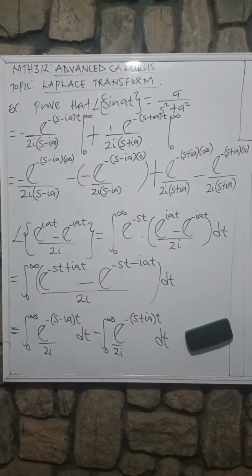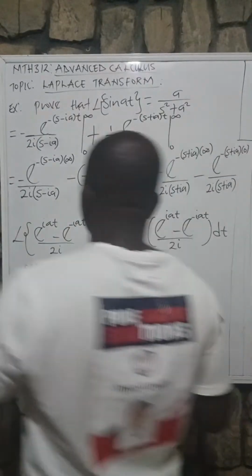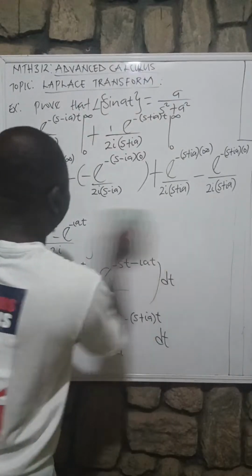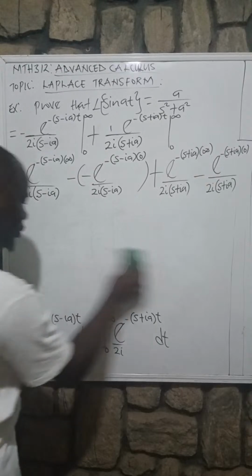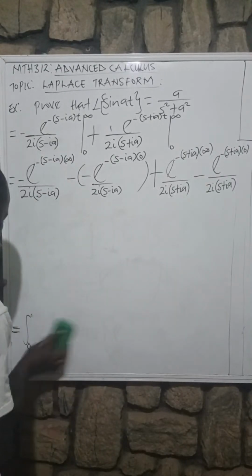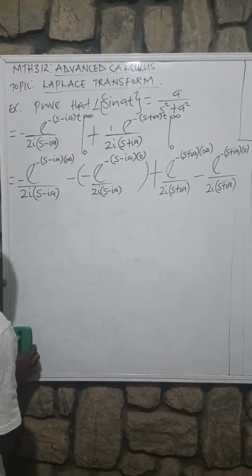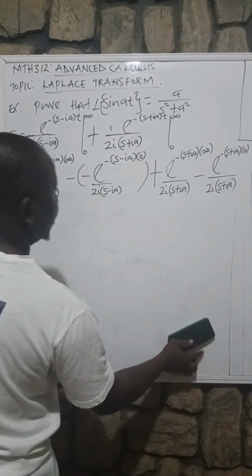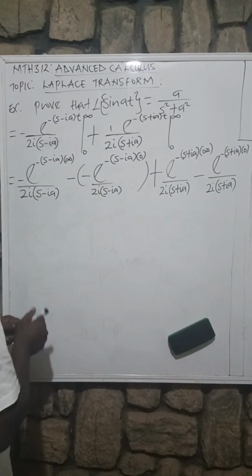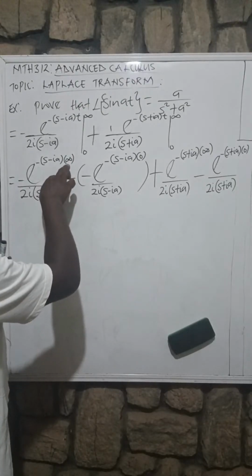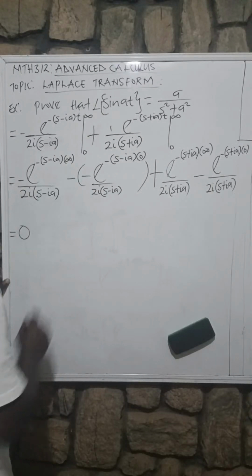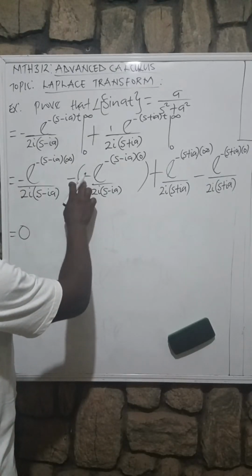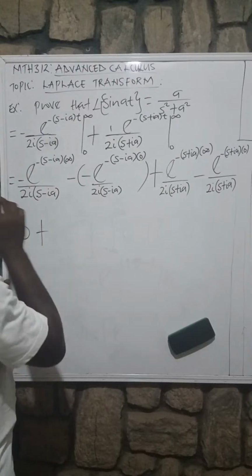Okay, let's proceed. If you can see what I am saying, this implies that because of this infinity, all of this will be 0. So here is 0. And minus times minus, here will be plus.